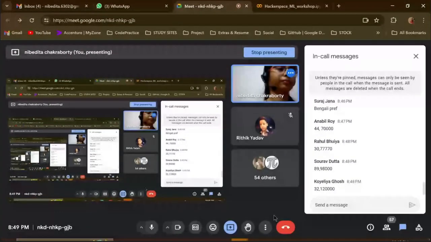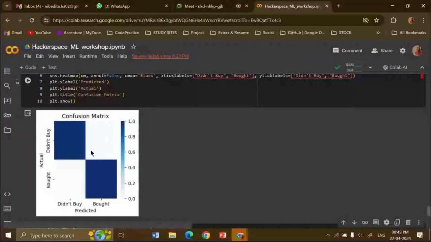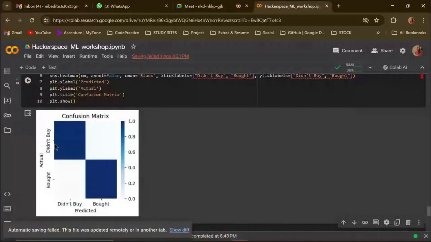Okay, so the confusion matrix says that the people who did not buy a house were predicted as did not buy the house in this block. In this block it says that the people who did not buy the house were predicted as bought the house.